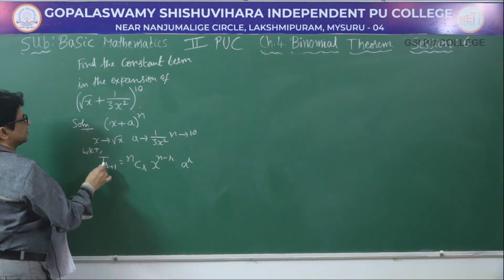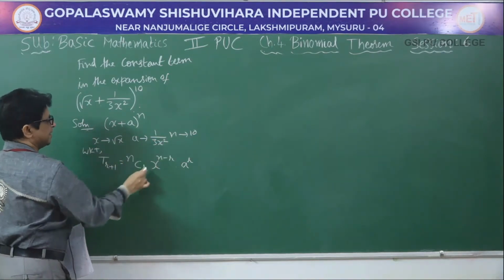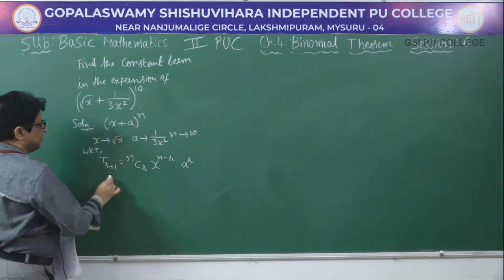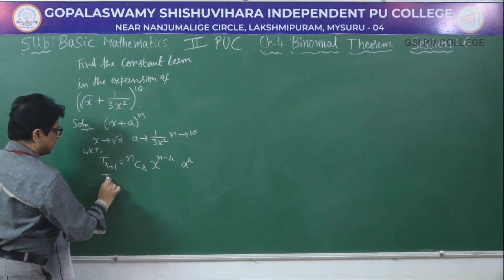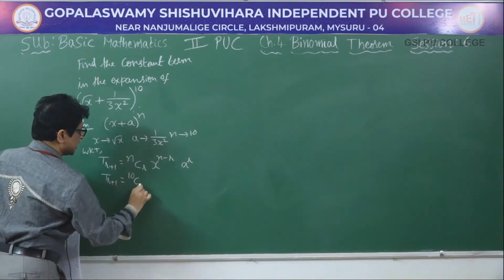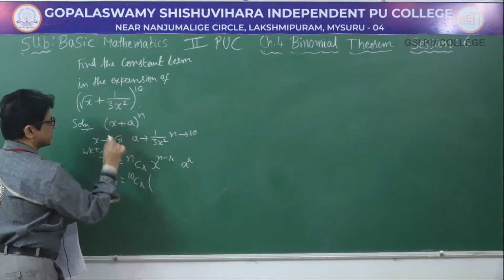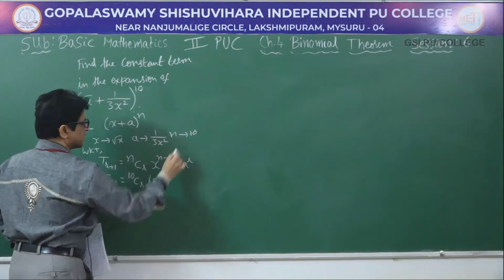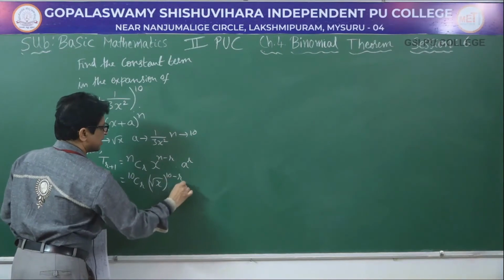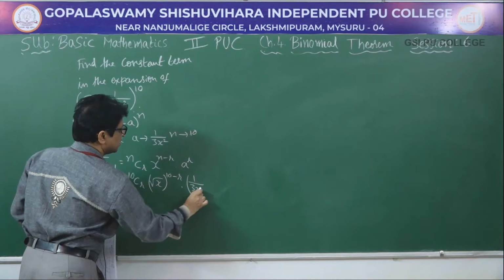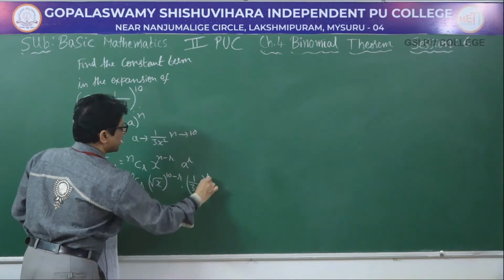So, substituting the values of x, a and n in the general term of the expansion, we get T(r+1) is equal to, n is 10, so it is 10Cr into x, which is root x, whole power n minus r, n is 10 minus r, into a, so a is 1 by 3x square whole power r.